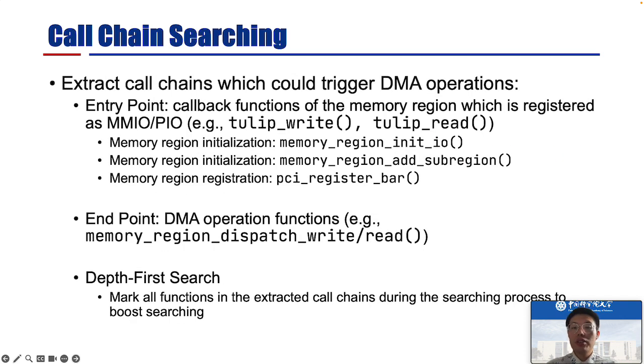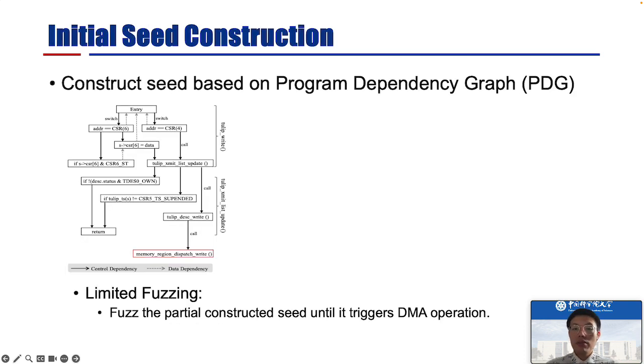With this knowledge, we set the entry point as the callback functions and the endpoint as the DMA operation functions, and we search the call chains with the depth-first search algorithm. After we extract the call chains, we build the program dependency graph for these call chains.